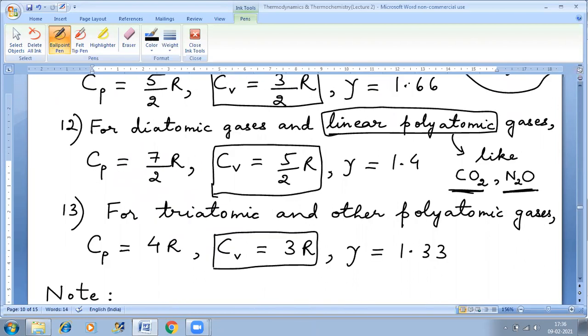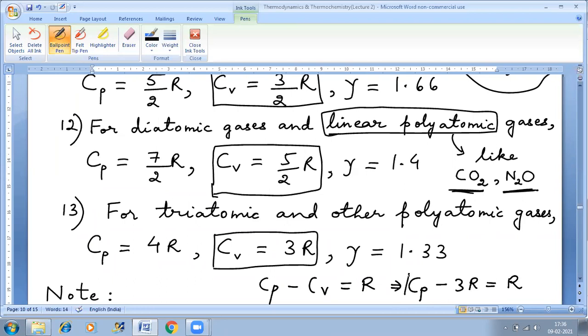And for triatomic and other polyatomic gases, that means the ones which are not linear, for them we can say that Cv is 3R. The moment we know Cv as 3R, we can find out the value of Cp. Cp minus Cv is equal to R. Cv is known to us as 3R.